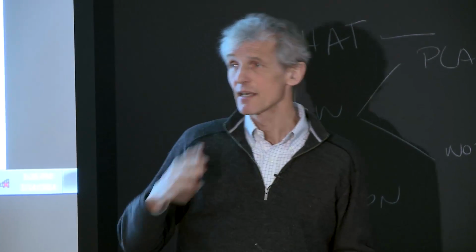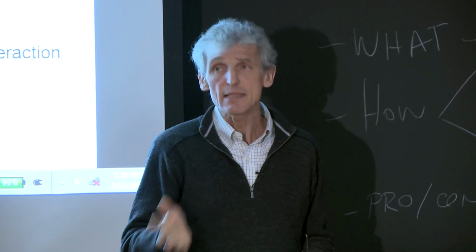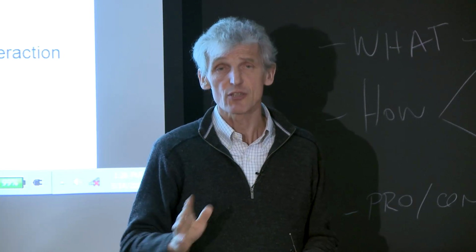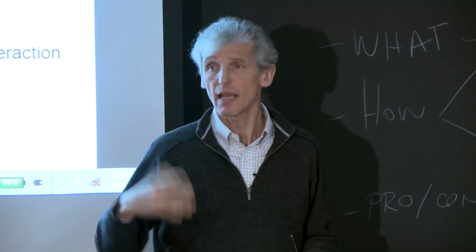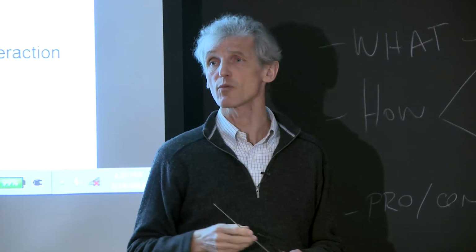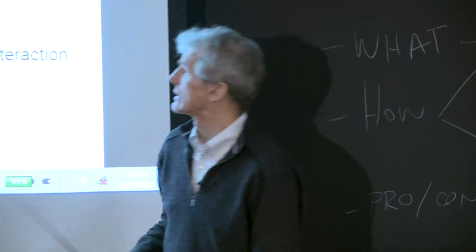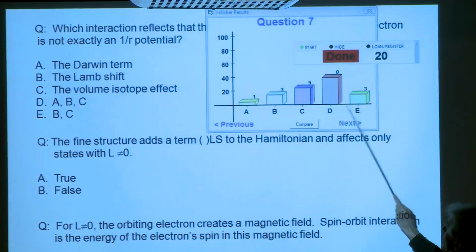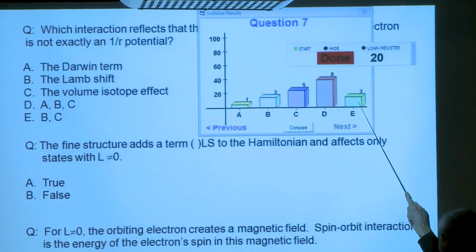On the other hand, the Zitterbewegung, the Darwin term, is just one term which is included in the Dirac equation. And the Dirac equation, which includes fine structure, relativistic energy corrections, and the Darwin term, is an exact relativistic formulation of the 1 over r potential. So in other words, I would say the correct answer is E.